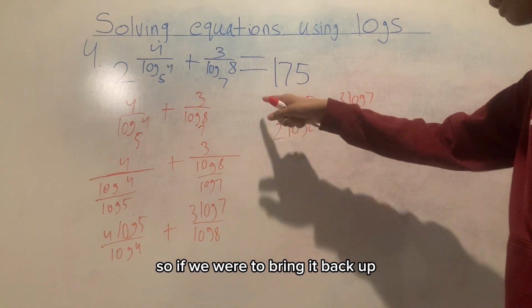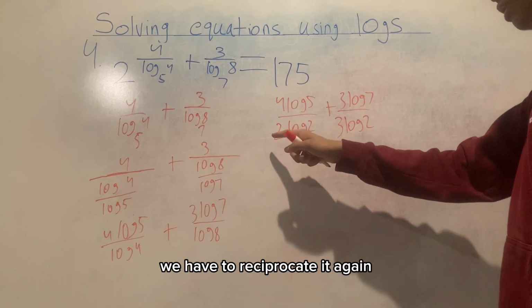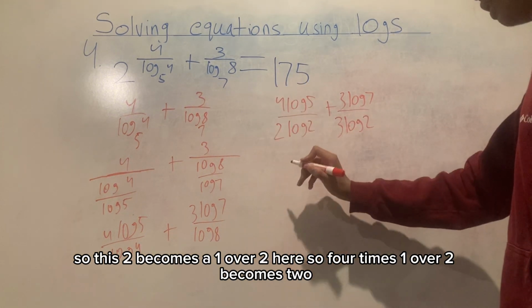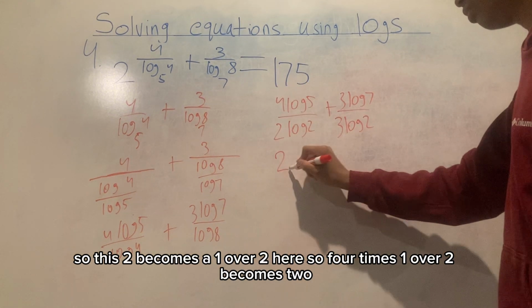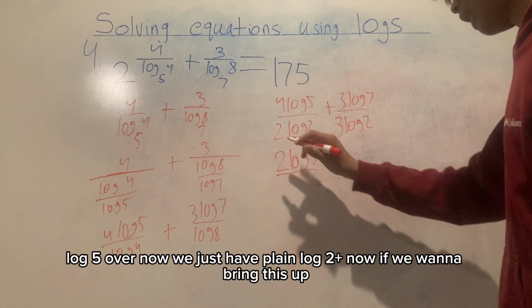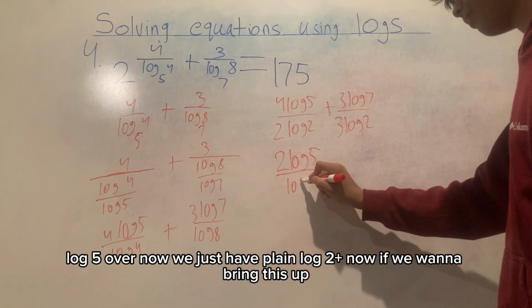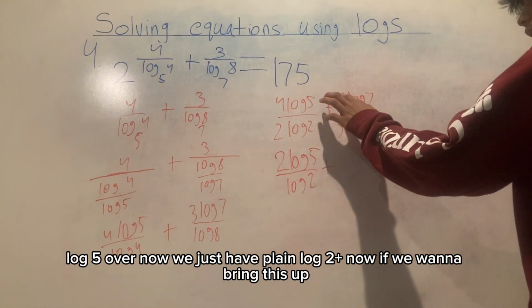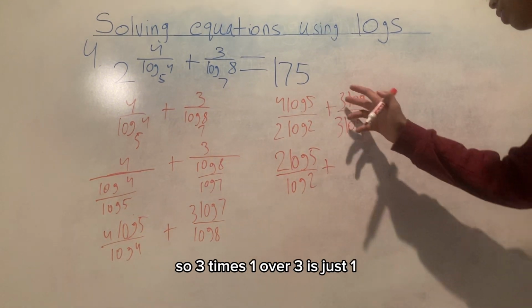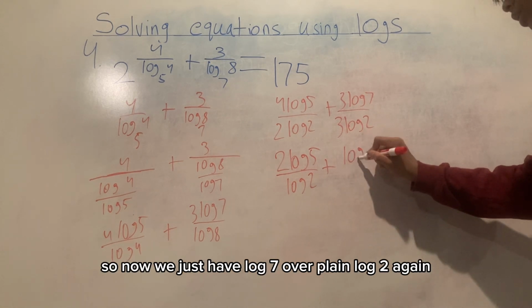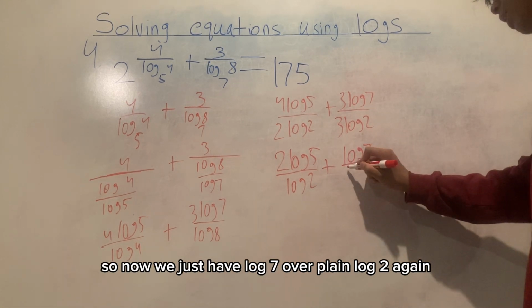So if we were to bring it back up, we have to reciprocate it again. So this 2 becomes a 1 over 2 here. So 4 times 1 over 2 becomes 2 log 5 over, now we just have plain log 2. Plus, now if we want to bring this up, we have to reciprocate the 3. So 3 times 1 over 3 is just 1. So now we just have log 7 over plain log 2 again.